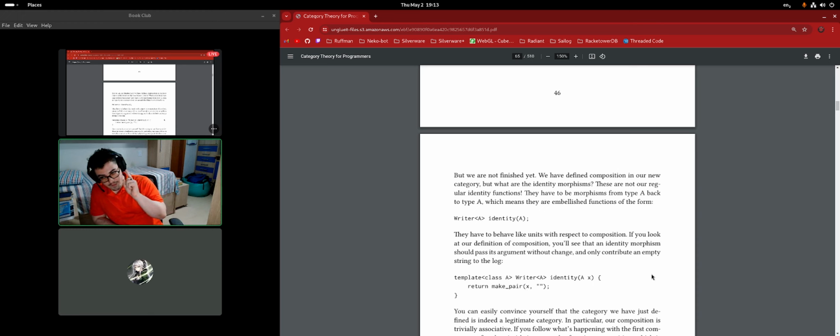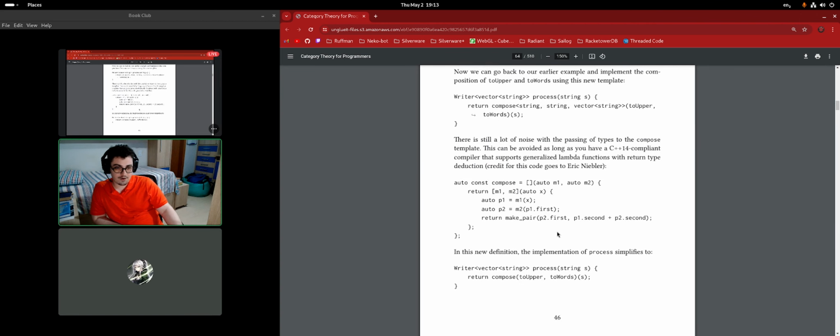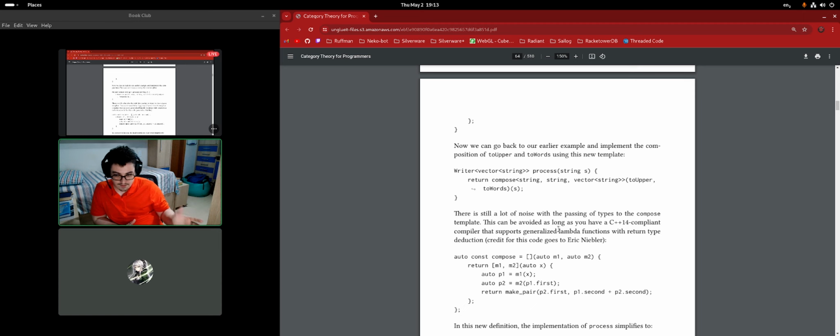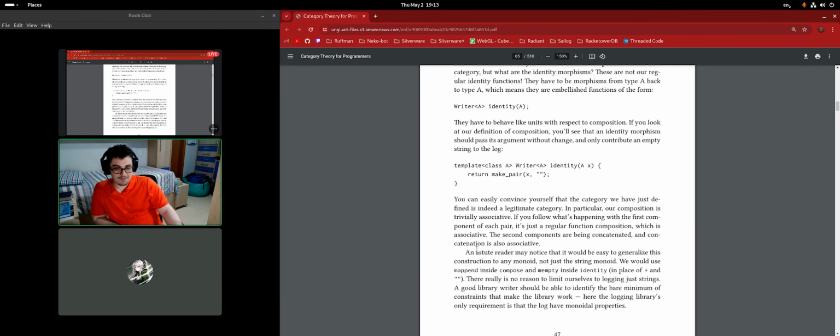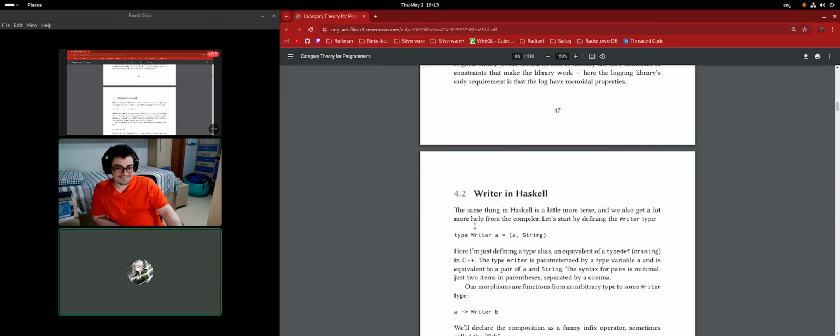But if you pay close attention, this should remind you of a monoid, because we have empty, and in this particular case of the writer, the process of combining them is string concatenation, right? Which is very interesting. And then he mentions that the composition is also associative, because monoids have an associative append operator.